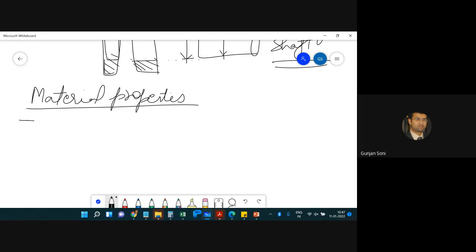Not get deformed easily. Now let's see, we are all mechanical students, right? So we should be able to use some technical names. Large hardness number. Yeah, so they should be hard and wear resistant.